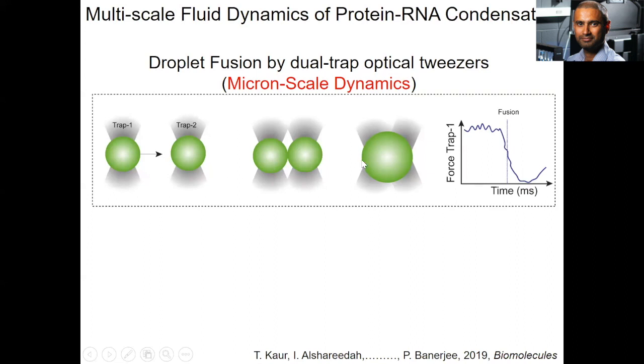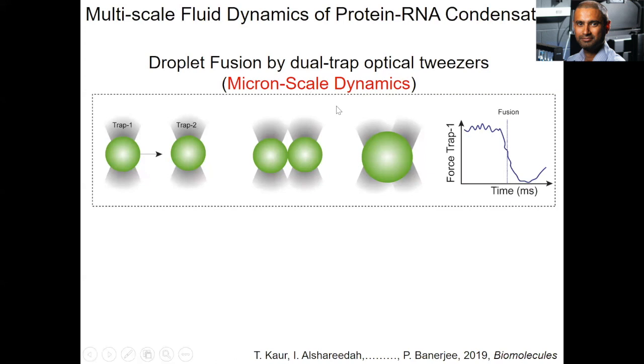That experiment gives you two very important properties of condensates or any fluid, which are surface tension and viscosity. I'll tell you why trap-induced fusion is better than the random fusion of droplets that you might see in many papers. We have also done those kinds of studies, but the resolution is limited by video microscopy speed.